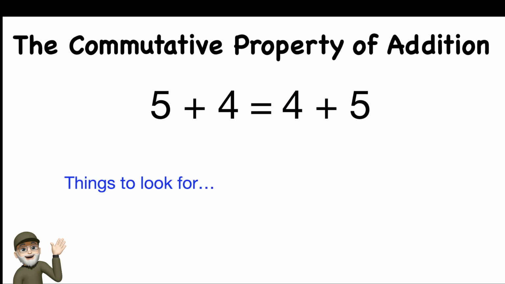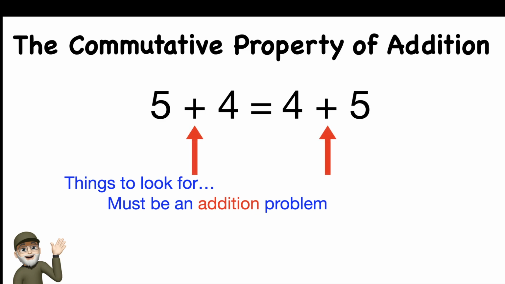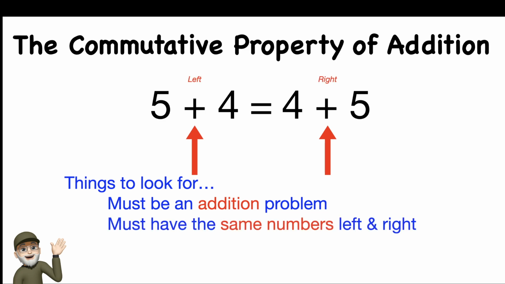Here are some things to look for when solving problems using the commutative property of addition. First is make sure it's addition. By that we mean on both the left and the right side of the equations. Both must be addition. Next, we must have the same numbers on the left and the right. For example, on the left we have 5 and we have 5 on the right, so that's good.